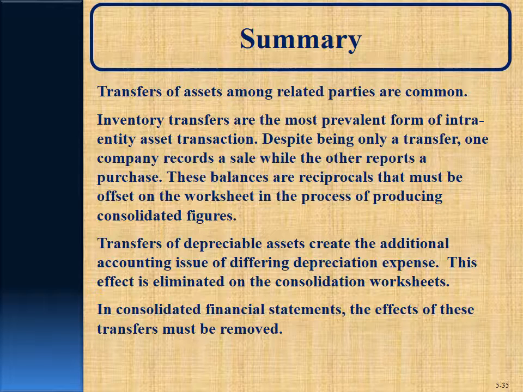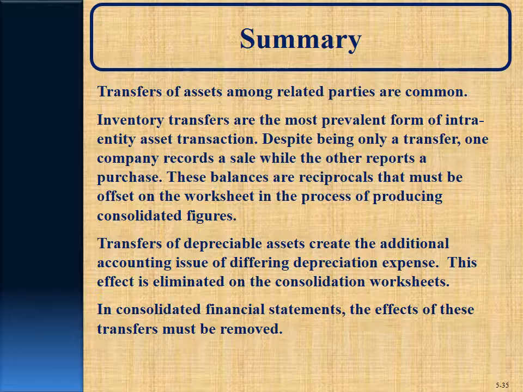And depending on how the inventory was originally sold, upstream or downstream, will dictate how we complete those journal entries. Also, any past year unrealized profit will now be recognized in consolidation. And we looked at that.